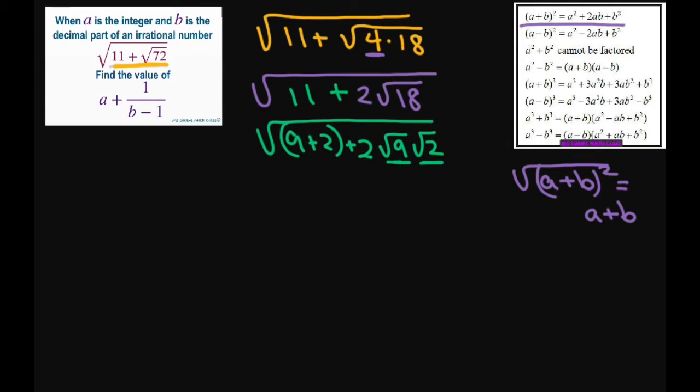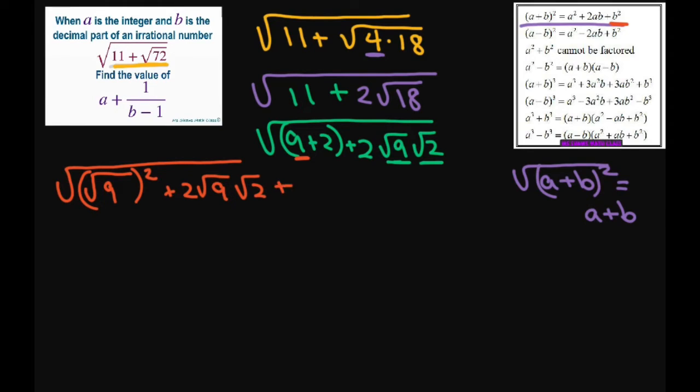What we're used to seeing is more like this: you put the 9 first, and then you put the 2 out here for your b. But for us, we're going to write this as the square root of 9 squared, because that has to give me that, plus 2 square root of 9 times square root of 2, plus square root of 2 squared, like that.